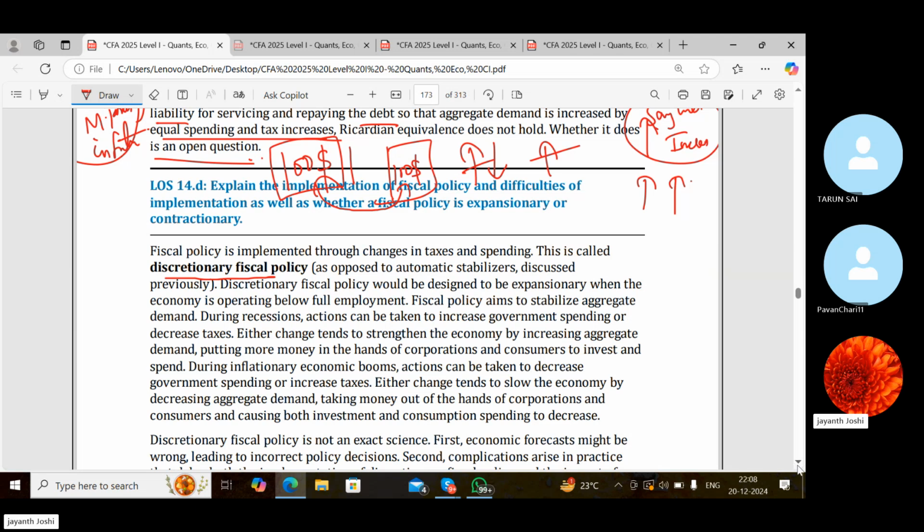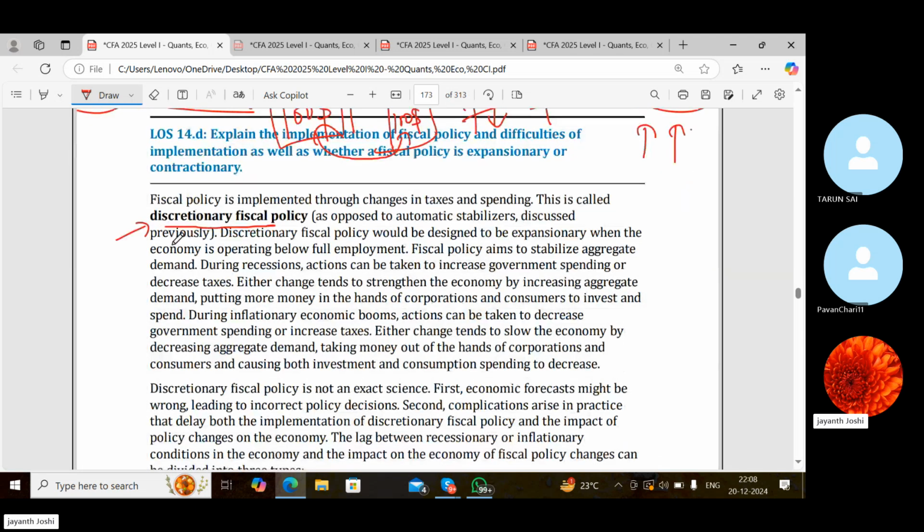Discretionary policy is not like the government has already made certain rules or policies that will automatically be implemented. No, the government is going to change the policies based upon the scenario. If they want to expand the economy and create full employment, they'll decrease taxes, or else they'll increase taxes.